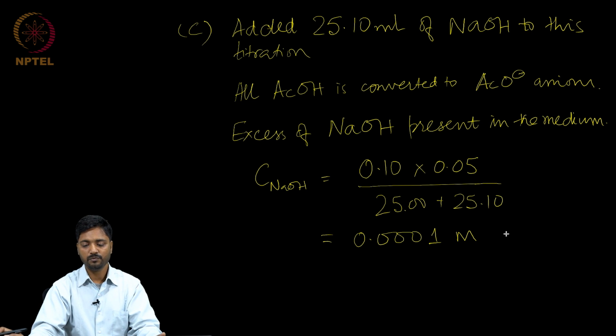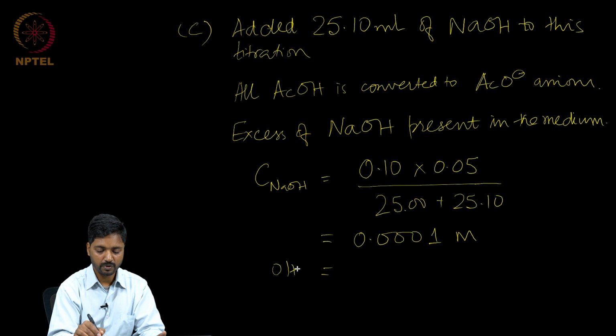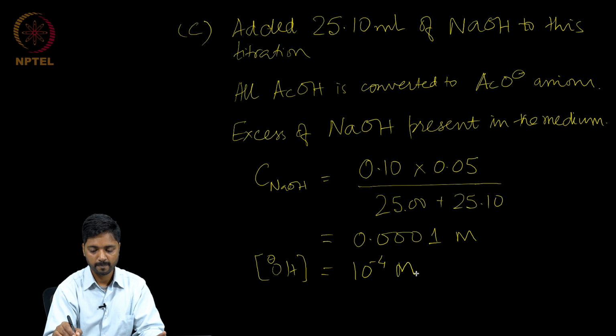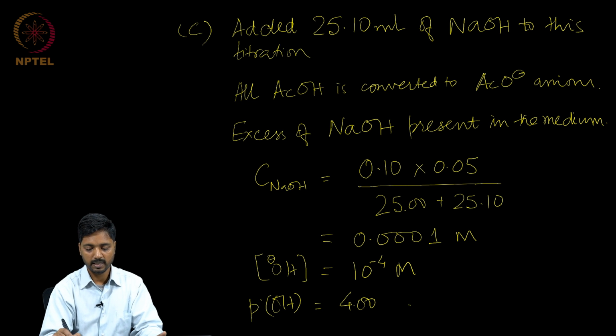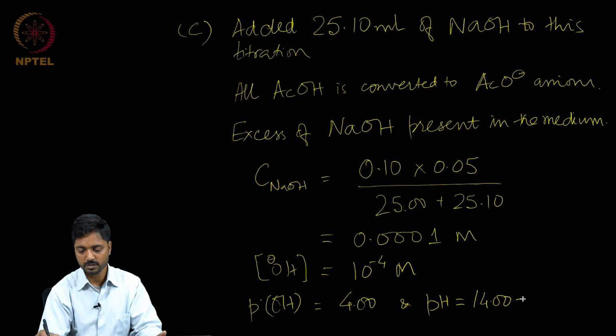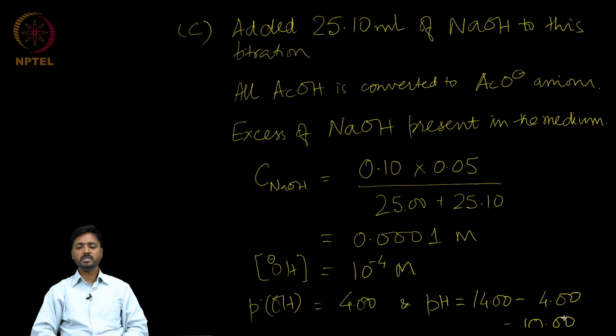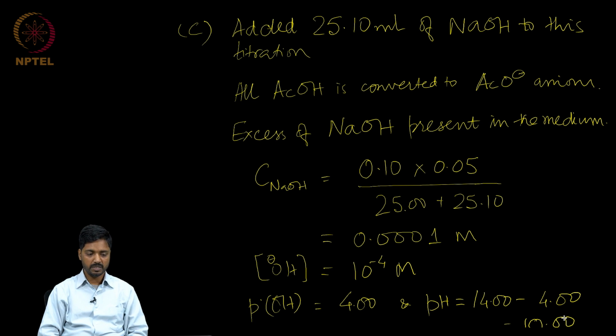Now, when we have this concentration of hydroxyl anions present, we have the pOH value of 4.00, and hence the pH value is equal to 14.00 minus 4.00, which is nothing but 10. So, of course, as we add a little excess of sodium hydroxide, the pH increases and becomes even more basic.